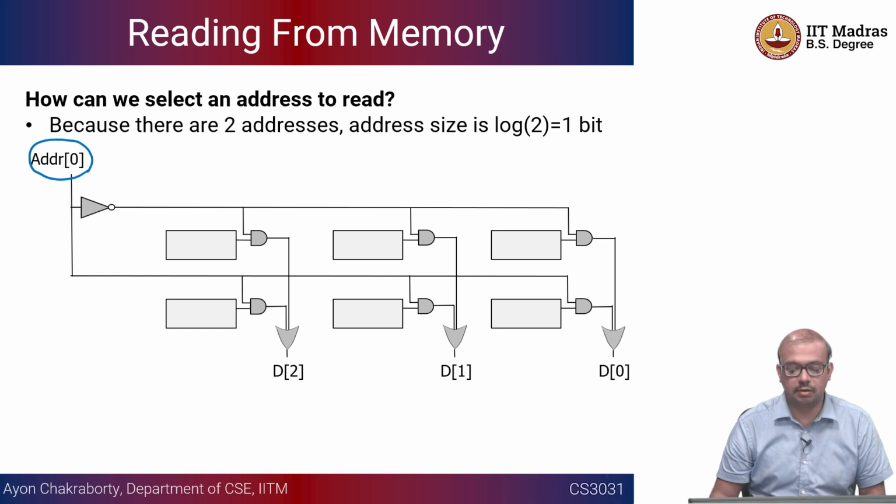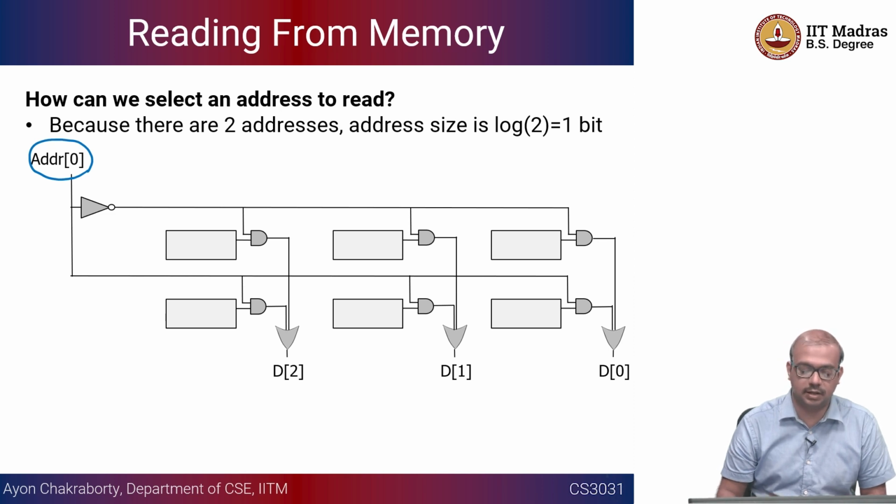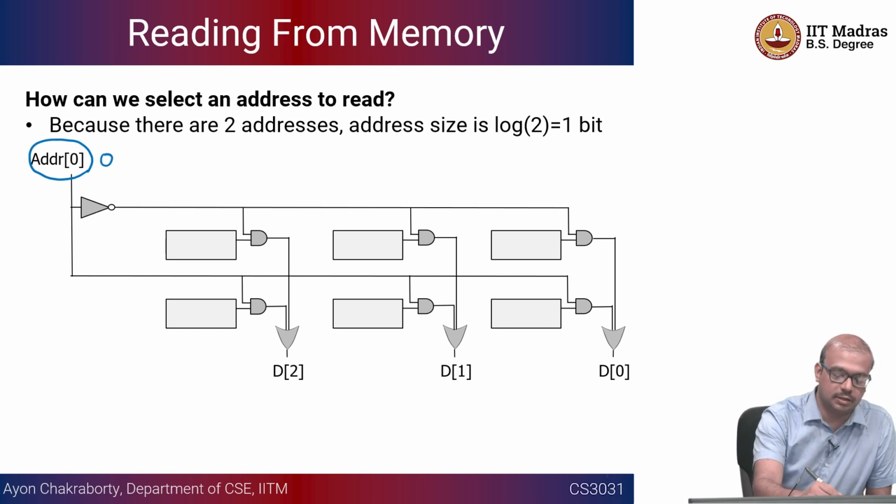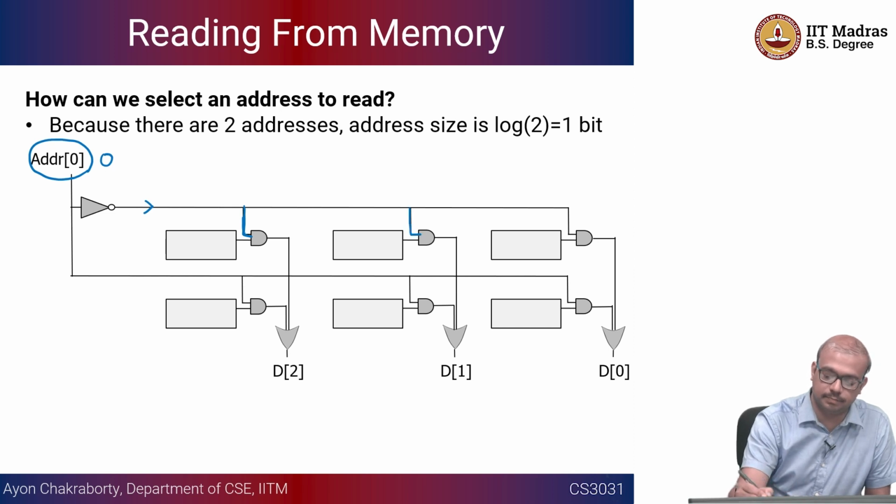So if it is 0, as you can see, the first row is going to be activated. If address is 0, this is going to be activated because this will become 1, right? So all these AND gates that we are seeing here are going to be activated.